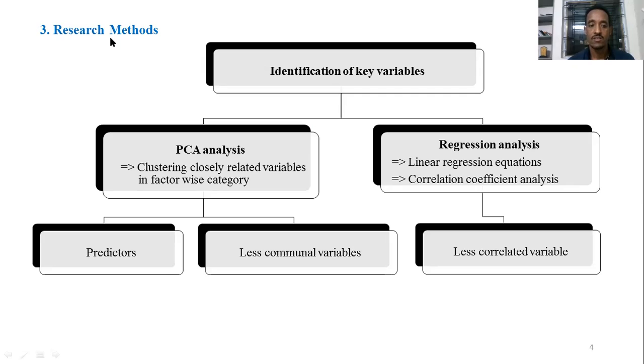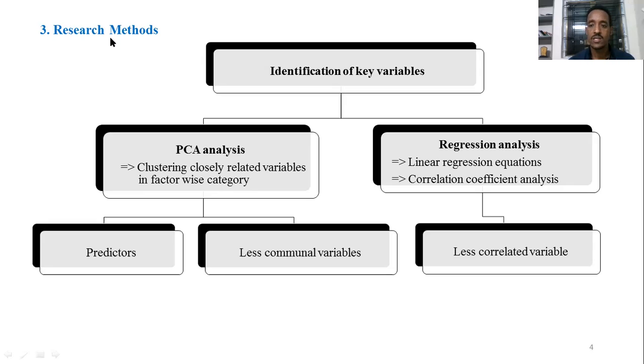That means the one having the higher factor loading coefficient, which represents the rest of the closely related variables, should be identified to include in a minimum data set, and also to identify those less common variables. Less common variables means the variables having less commonality should also be included in the minimum data set. That means as a key variable we have to include them rather than dropping them.